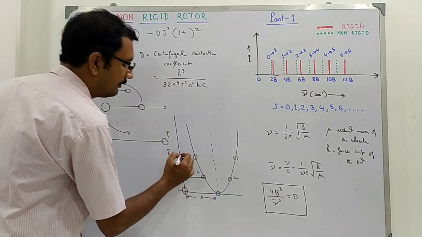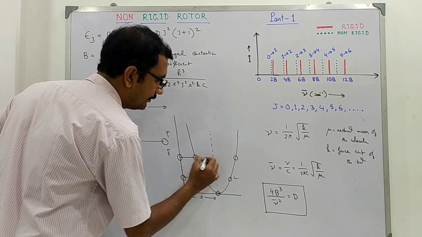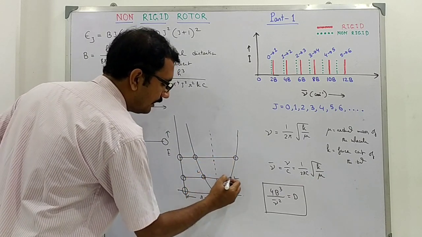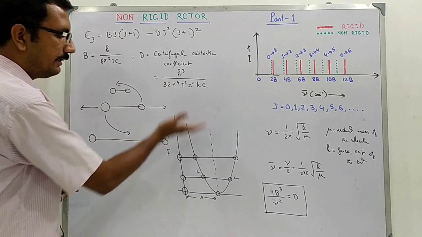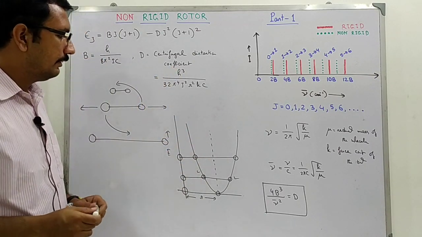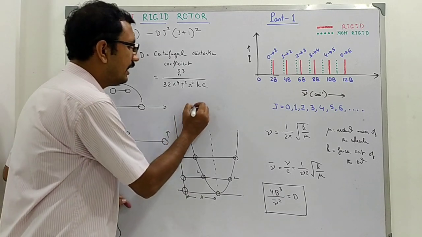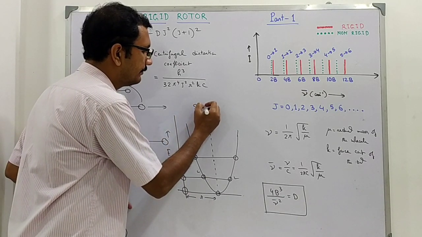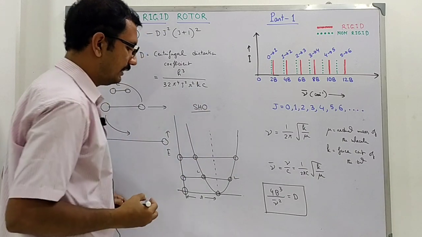The extent of stretching and compression increases as we go up in energy. Now, this is the simple harmonic motion, the simple harmonic oscillator.